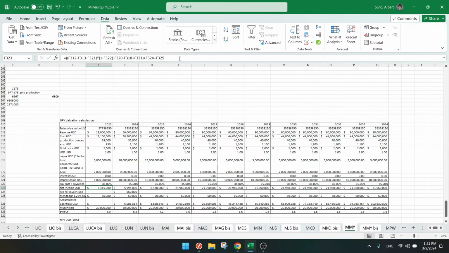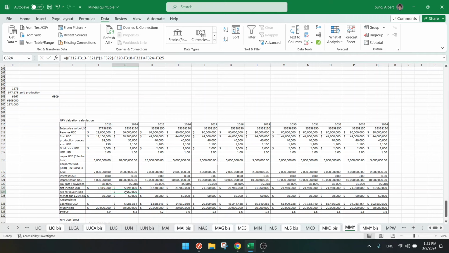And net income, okay, so this we cannot refer to the master chart because it refers to this revenue and costs that is dependent on gold price. So this should be like this, okay?